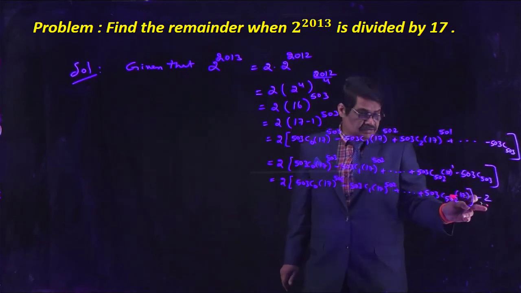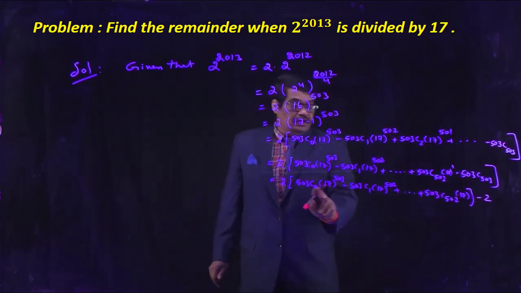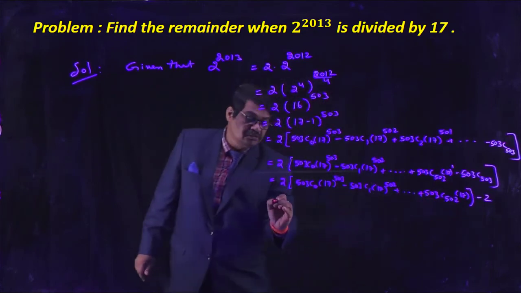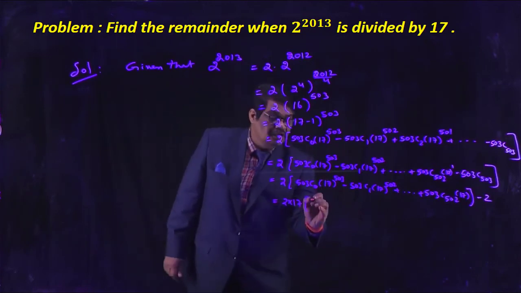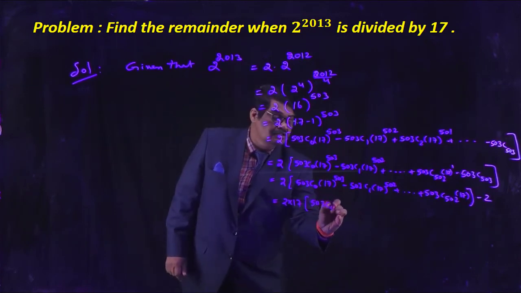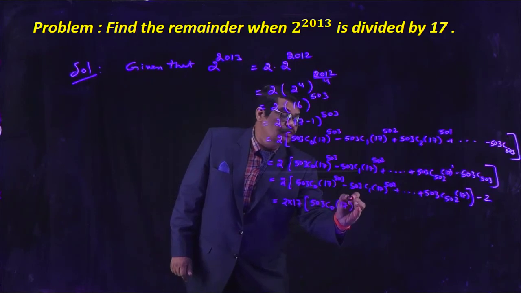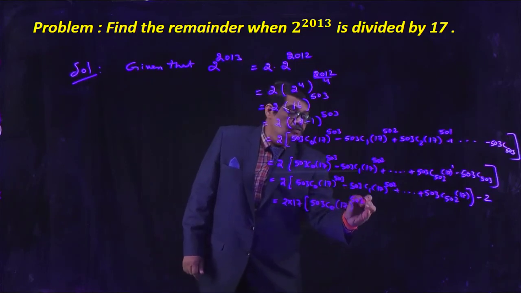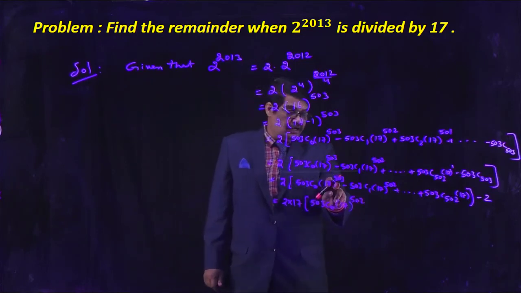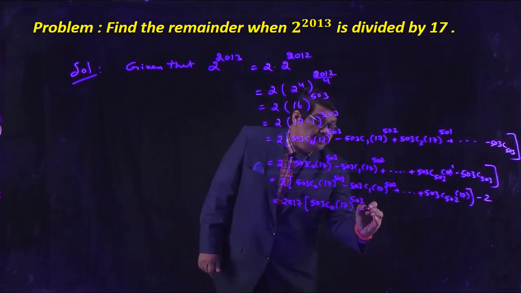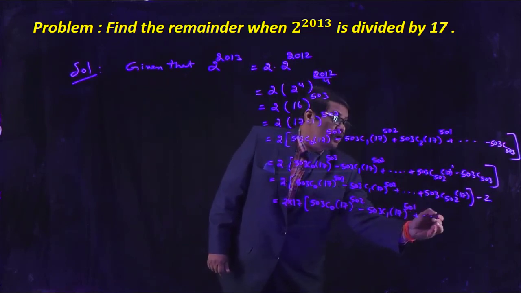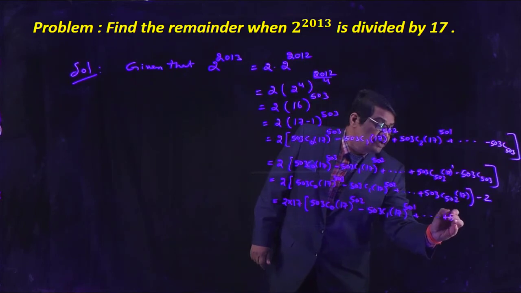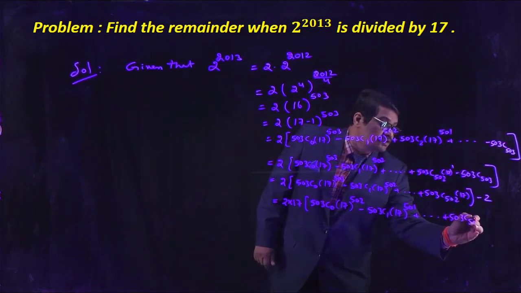Now in that series 17 is common, so 2 into 17 into 503 c naught 17 to the power of 502 minus 503 c1 17 to the power of 501 plus and so on plus 503 c 502, minus 2.